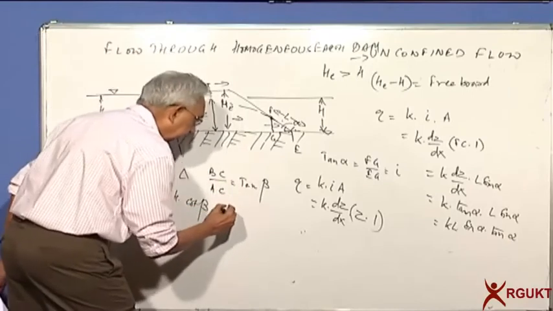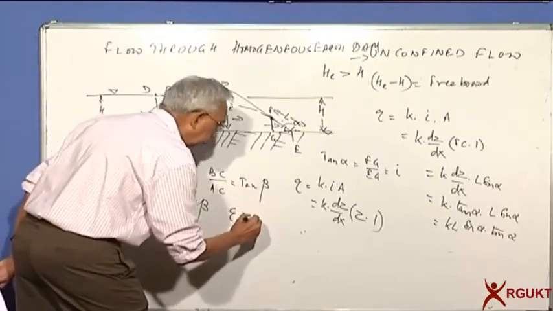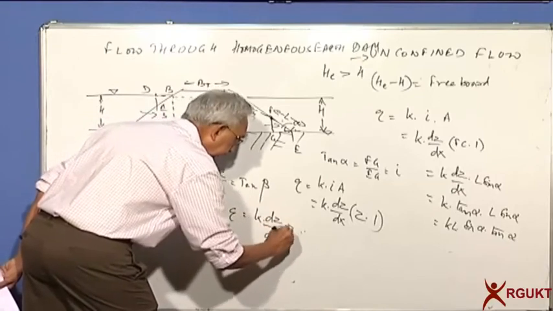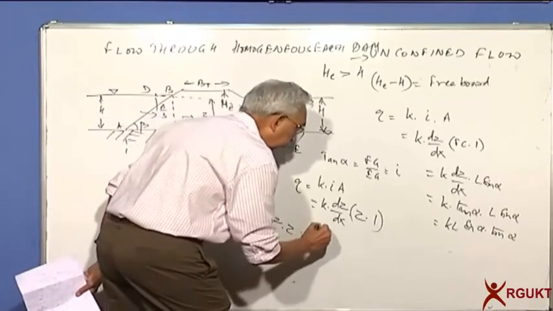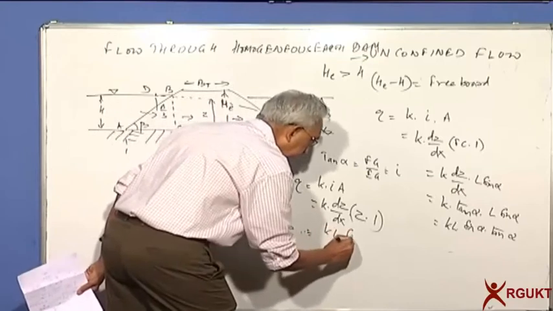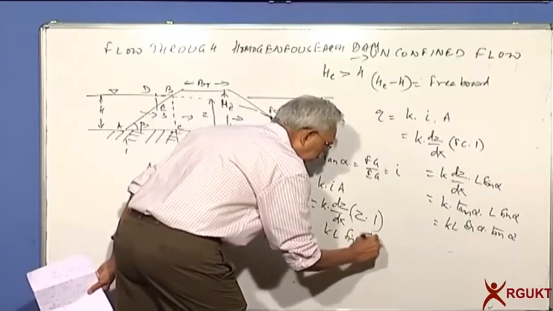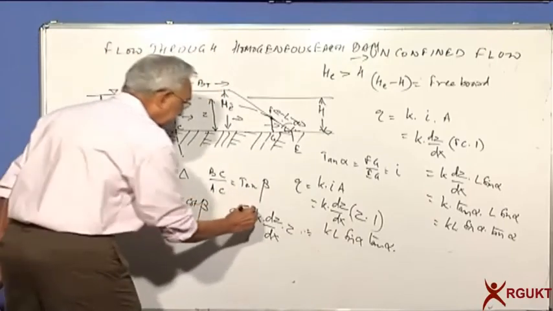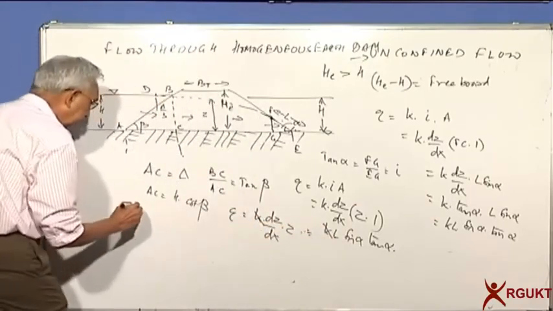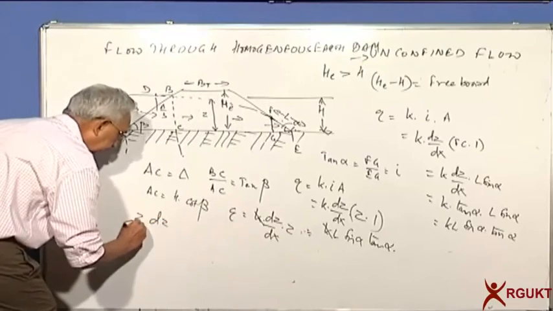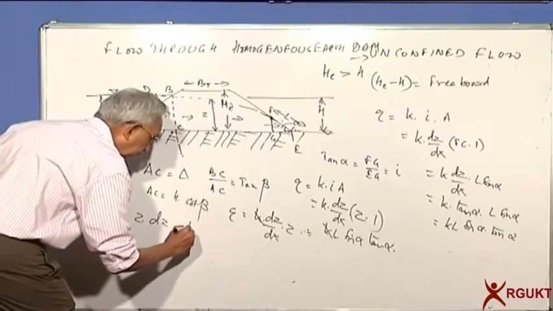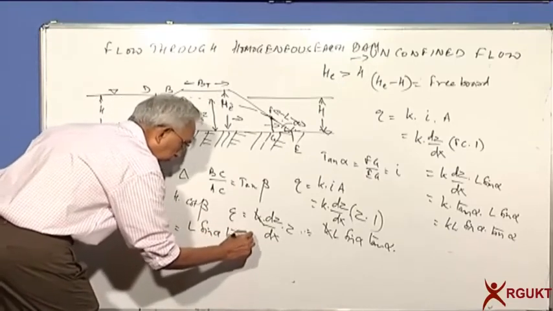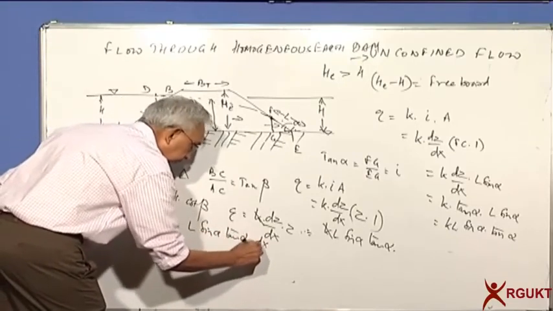So what we say is that Q is equal to K dz by dx into Z, which is equal to KL sin alpha tan alpha. Of course we can cancel K, and you get Z dz equal to L sin alpha tan alpha into dx.